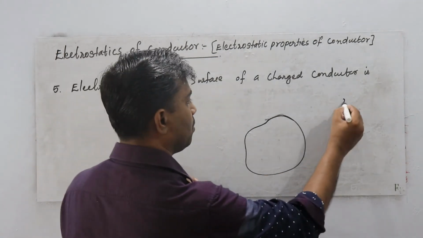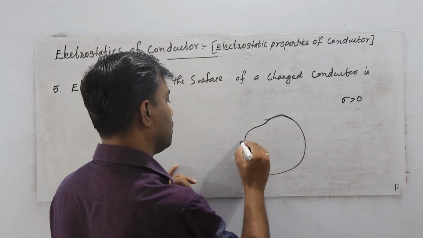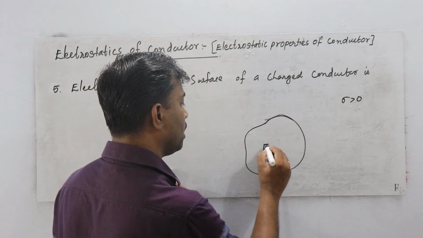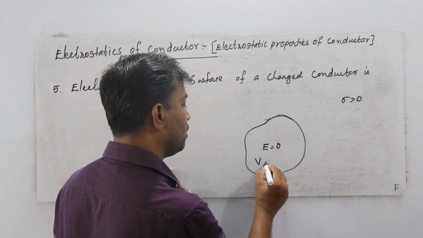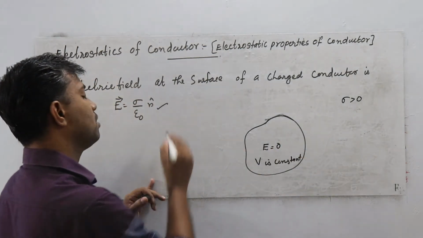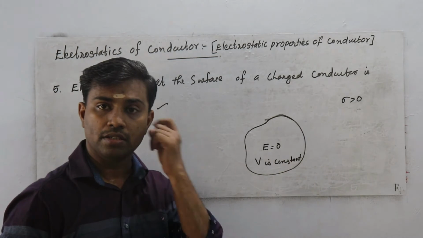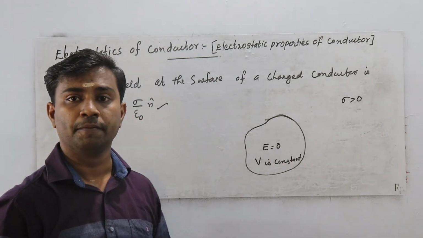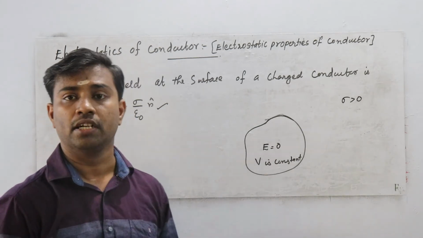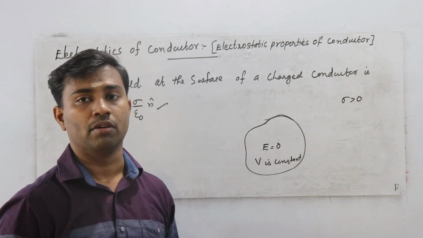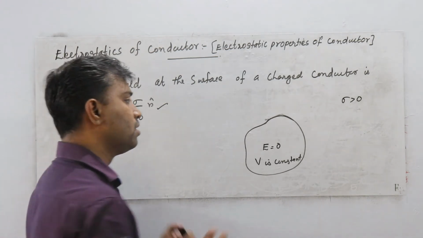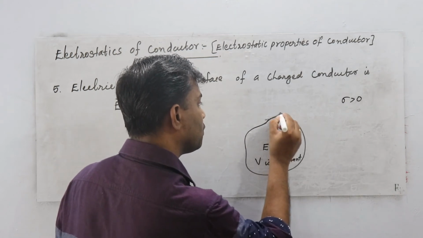Here we consider sigma greater than 0, so the charge on the surface is positive. We know that inside the conductor the electric field is 0 and V is constant. So we consider a point just near the surface of the conductor.